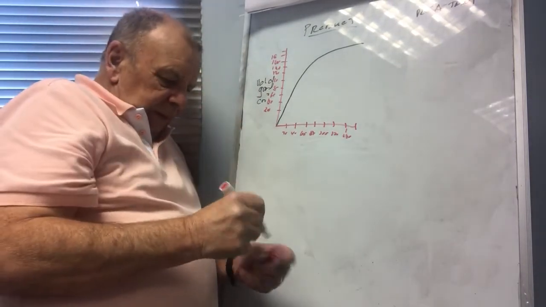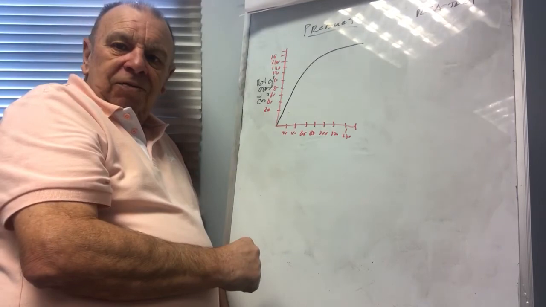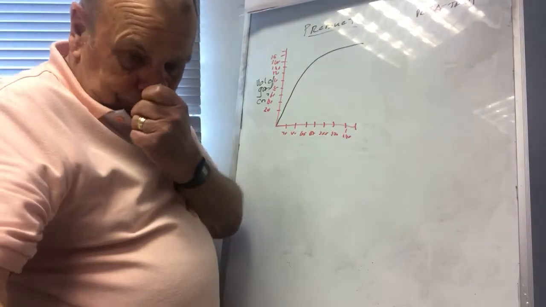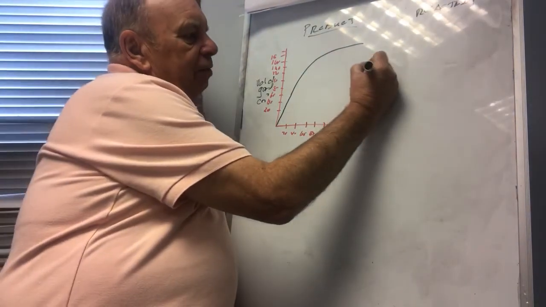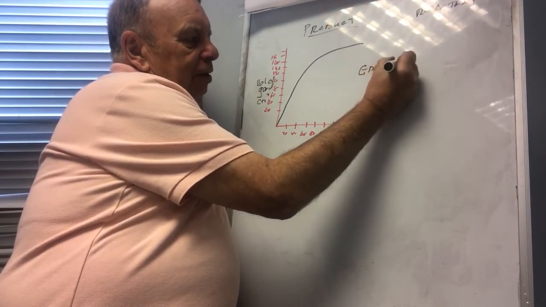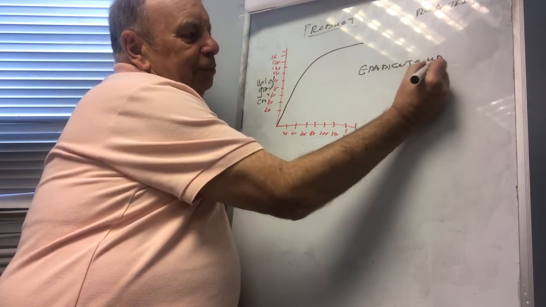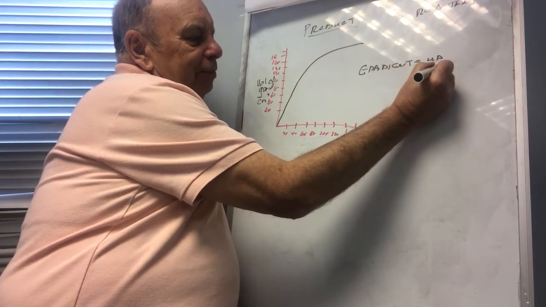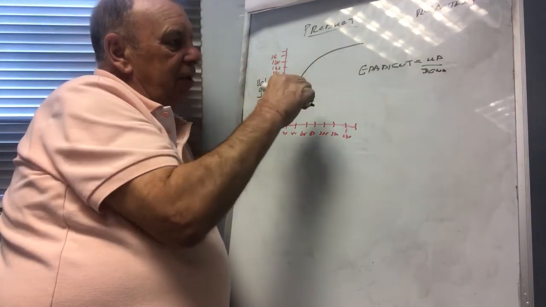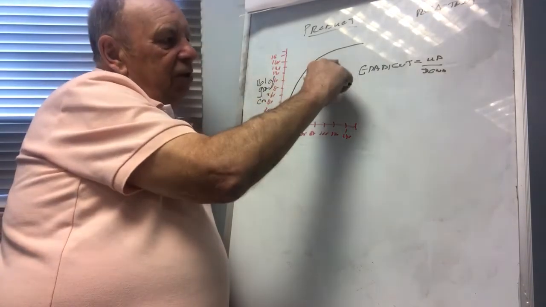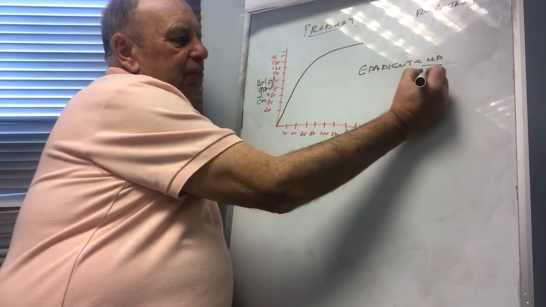Now, suppose I say I want to calculate that rate of reaction. The gradient is equal to up by across, i.e. how much does something go up vertically, by how far across.